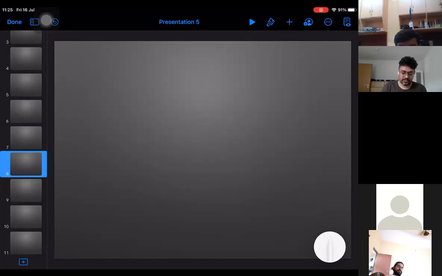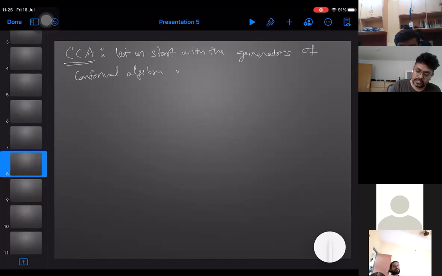So now let us start with the CCA, what we have been talking about. Let us start with the generators of the conformal algebra in D dimensional Minkowski space.